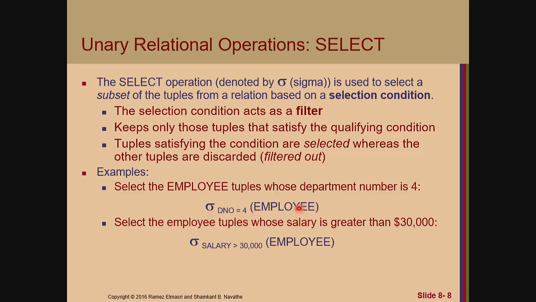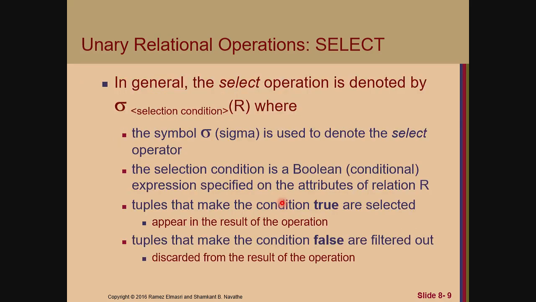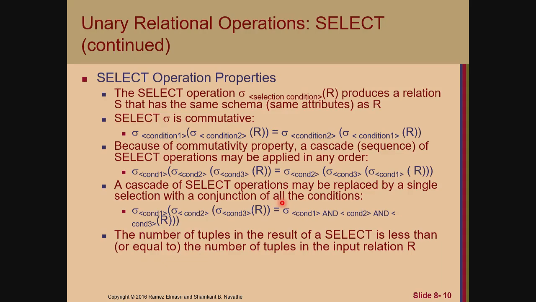And I think you can change it from algebra to SQL command, right? It's very simple. This is the concept of the unary relational operation of the select. We select with two conditions. We can change the position of the conditions.